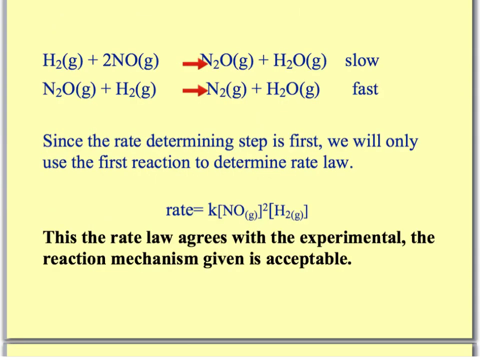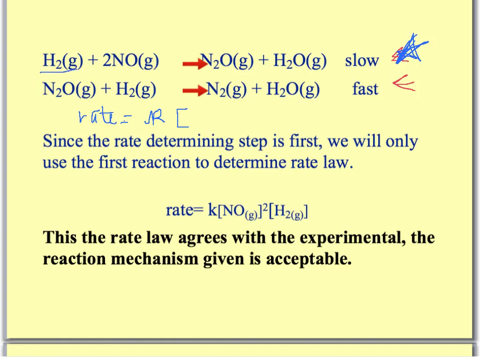Here are 2 elementary steps. We got the first one, it's labeled slow, second one is labeled fast. So our rate determining step right here is the first one. So if it's the first one, we only need to deal with that first reaction. And this is what I'm going to do. Rate is going to equal K times the concentration of hydrogen.